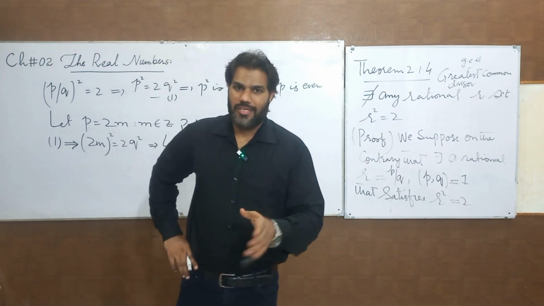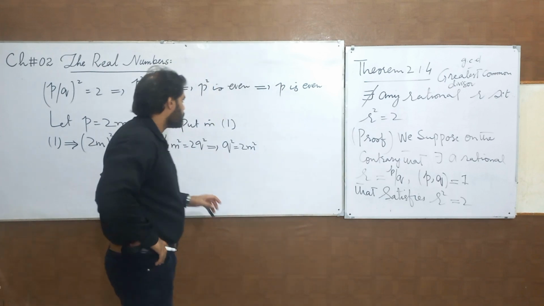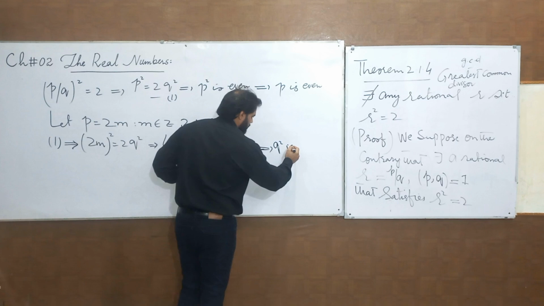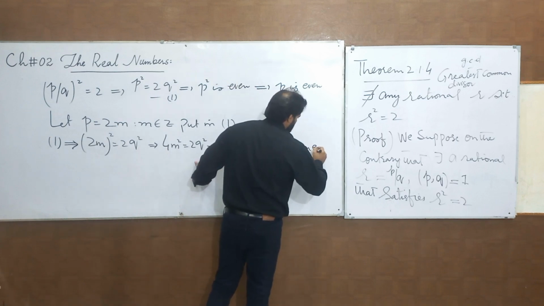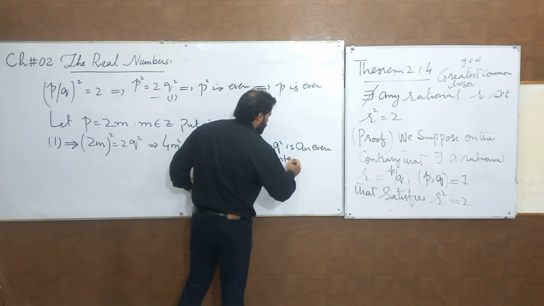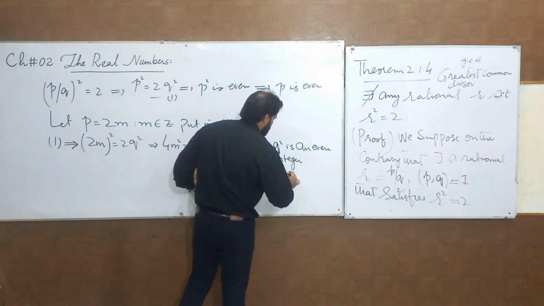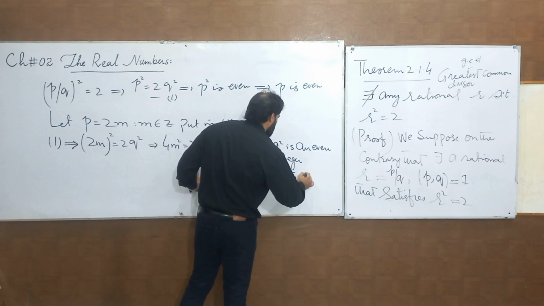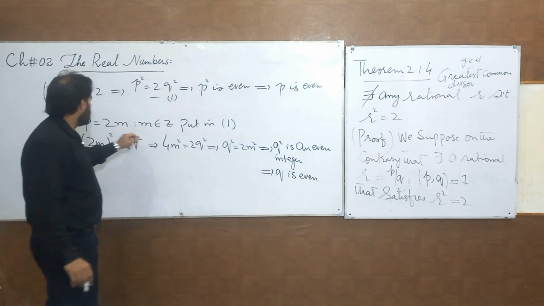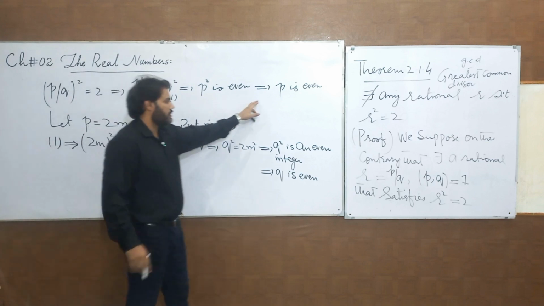So finally q square is an even integer. If q square is even, then it must be that q is itself even. So from here, this shows that both p and q are even.